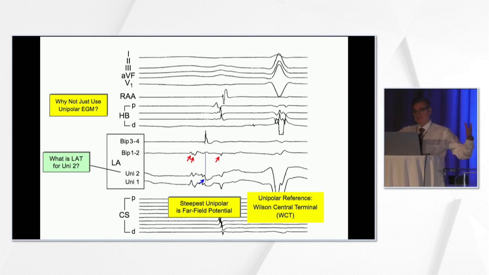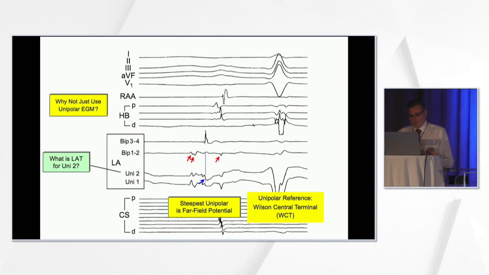So that distance gives your unipolar electrogram a huge field of view. It sees a large area. And so it's very easy to pick up far field. And in diseased areas, the voltages are low. And in the surrounding area, the voltages are very large. And so you typically get the largest, sharpest unipolar electrograms are far field.